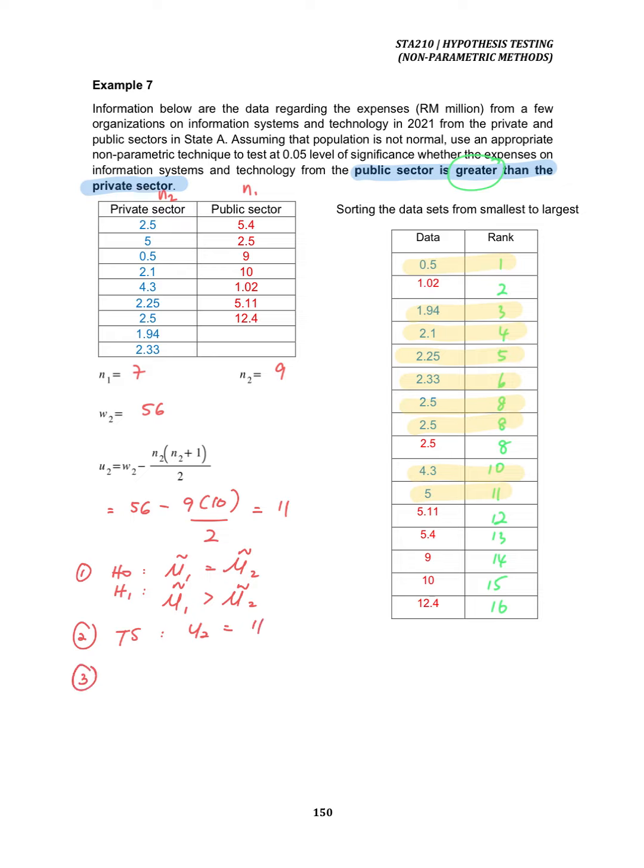Yang ketiga, our critical value kita adalah U alpha N1 N2. So alpha kita adalah 0.05. Kalau soalan tak bagi tahu, by default it was 0.05. N1 kita 7, N2 kita 9.